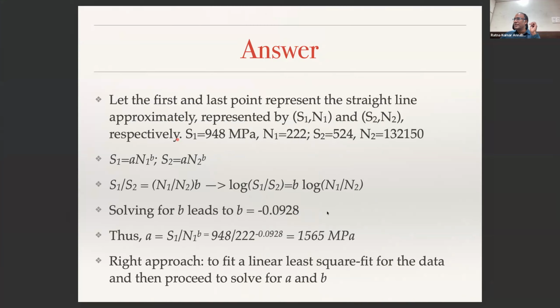I did with 948 and 524. Then I got 1565 and minus 0.0928. Not very bad, right? Even with 2 points. The right approach is to fit a linear line, which we did, and that is 1584.2 times N to the power minus 0.094. That is the better result.